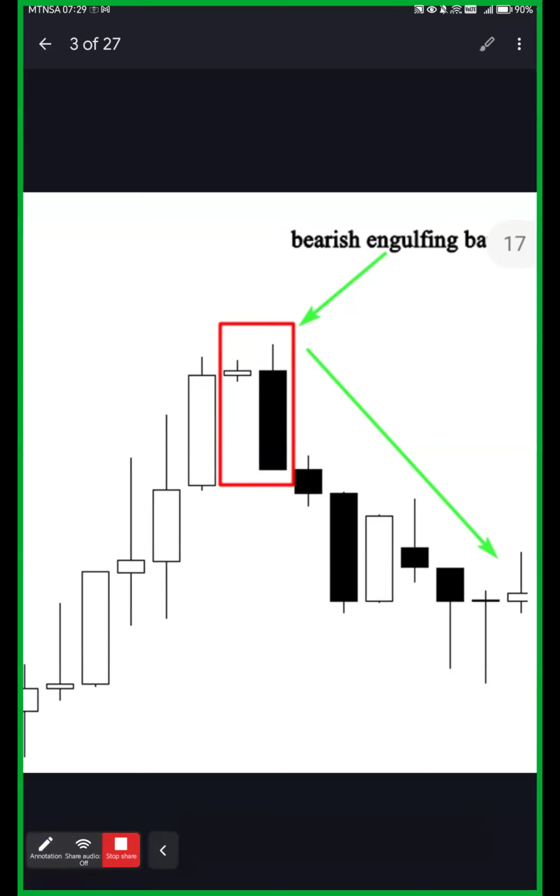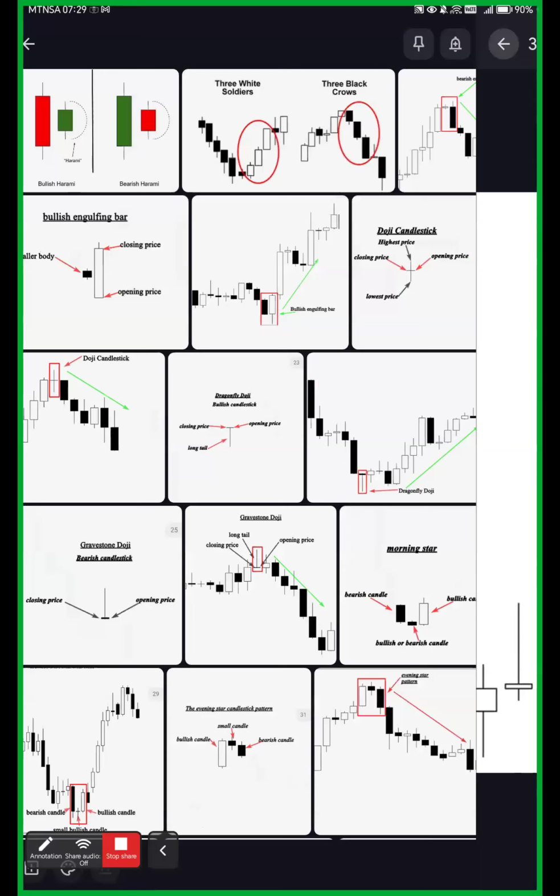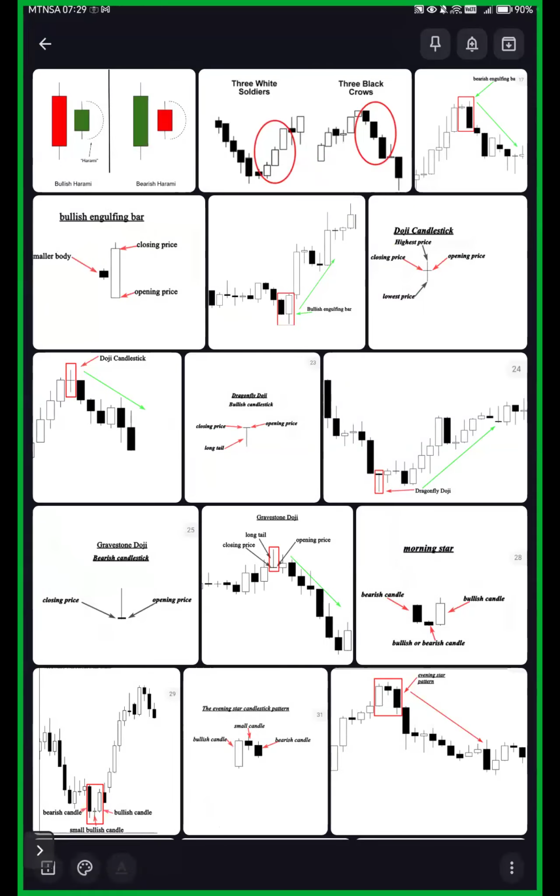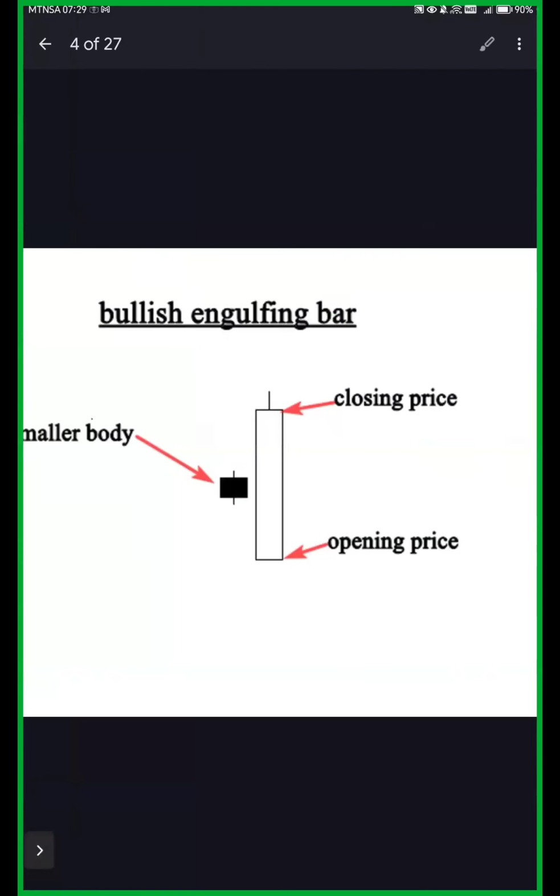Now, let's look at the opposite version of the bearish engulfing bar, which is the bullish engulfing bar. It signifies market movement to the upside. In this scenario, the market is trending down.